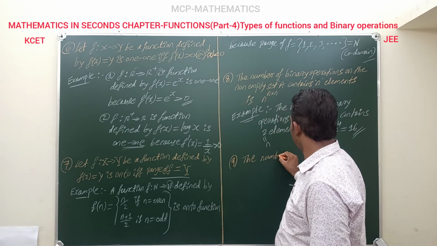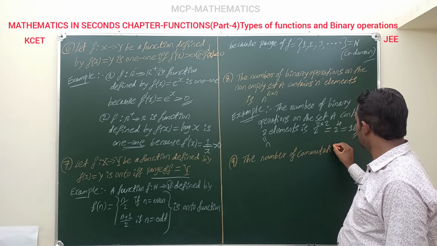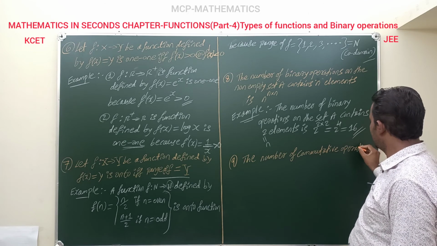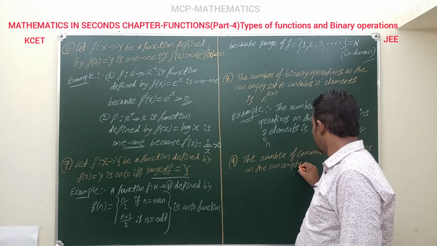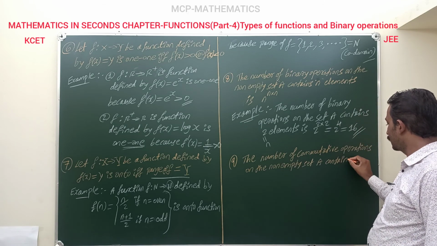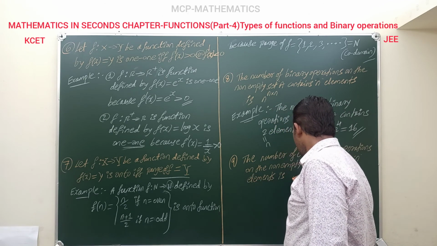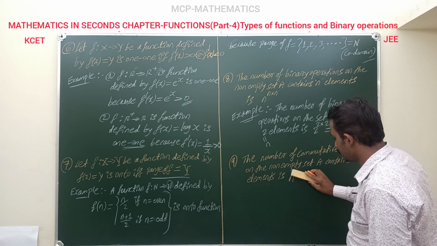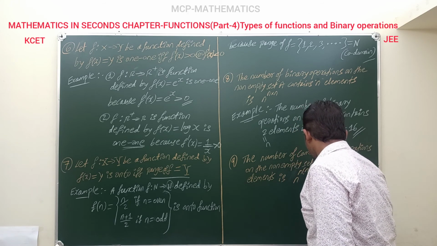The number of commutative operations on a non-empty set A containing n elements is n to the power of n into n plus 1 divided by 2.